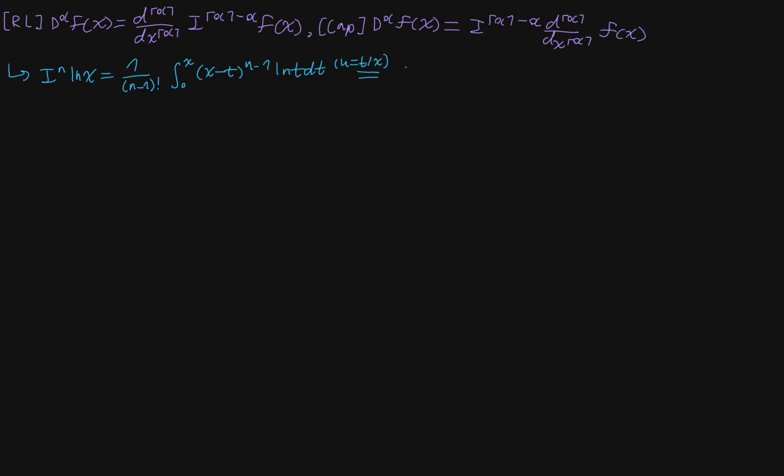And so that's going to become, with another prefactor of x here, x to the n over (n minus 1) factorial of, so we have natural log of x pulled out, integral from 0 to 1 of (1 minus u) to the n minus 1 du, plus the integral from 0 to 1 of (1 minus u) to the n minus 1 times the natural log of u du.